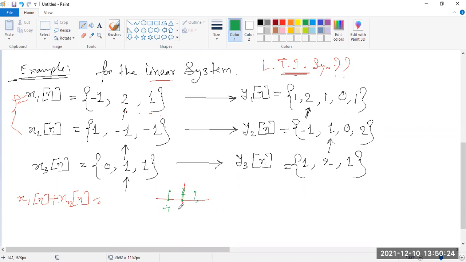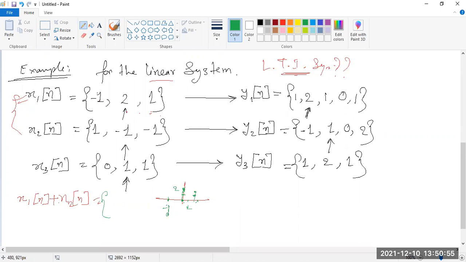So you can see -1 plus 1. Origin, first step. This is -1, and -1 means it is in this direction, not in that direction. This is 2 and this is 1, so this is in this direction.